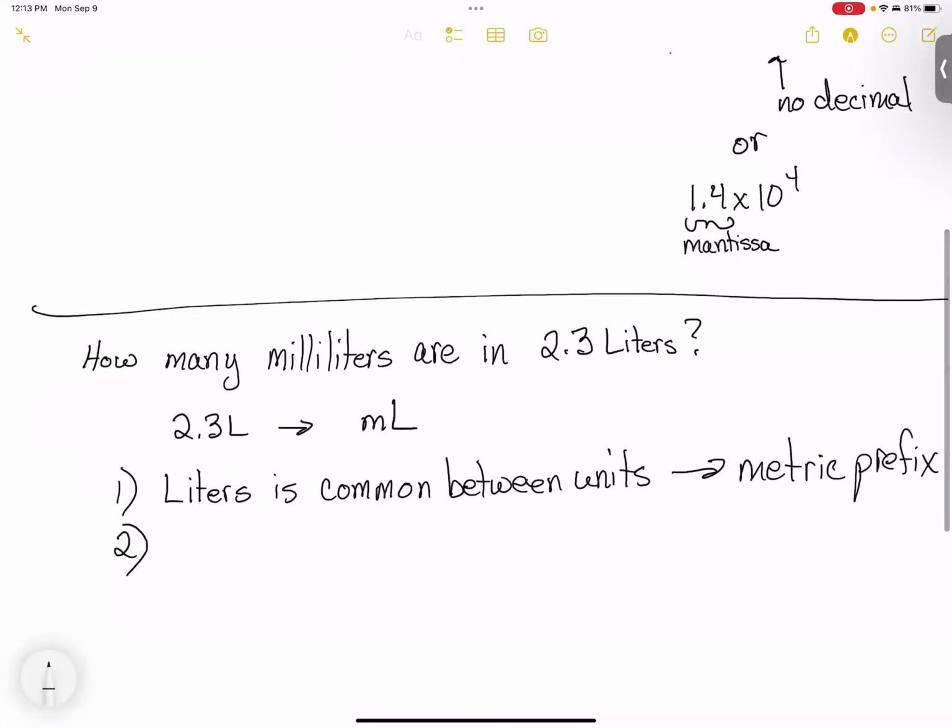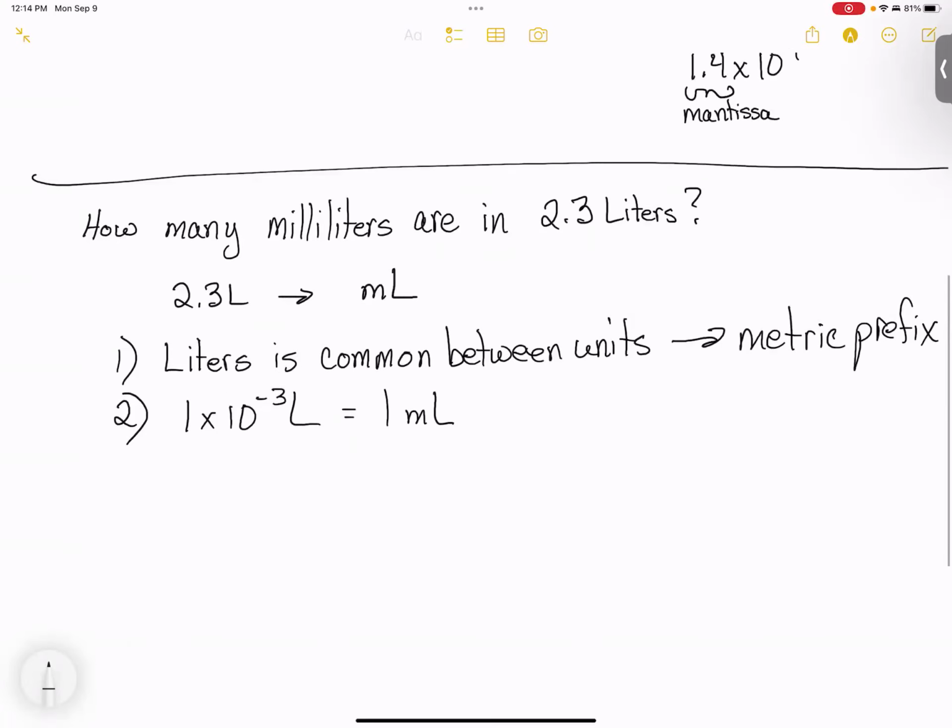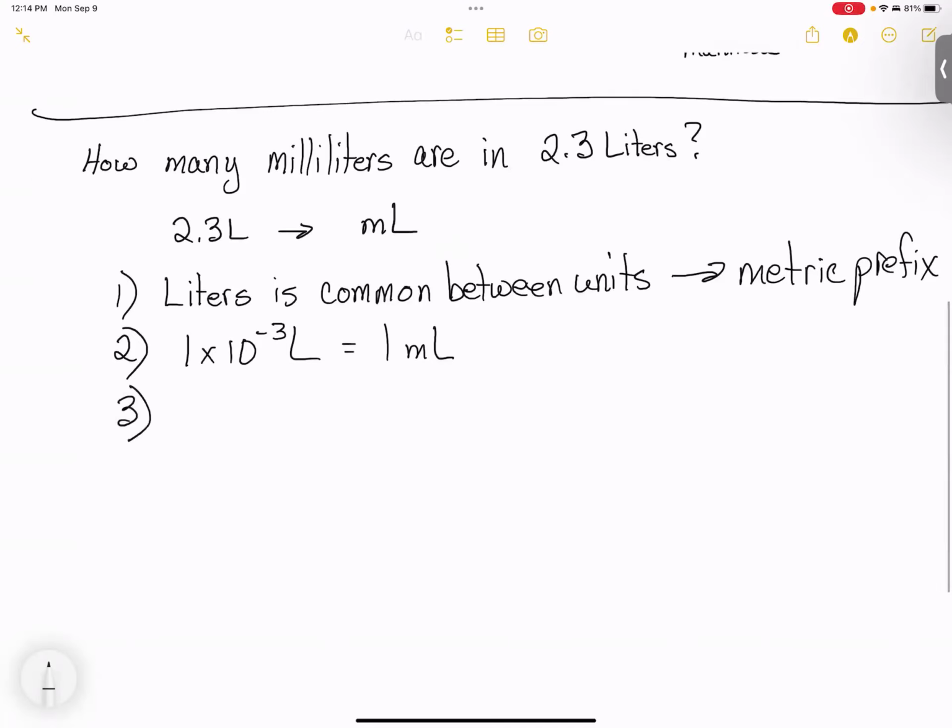Step two is to identify the conversion factor. 1 times 10 to the minus 3 liters is equal to 1 milliliter. Step three is to perform the calculation. I'm starting out with the 2.3 liters.